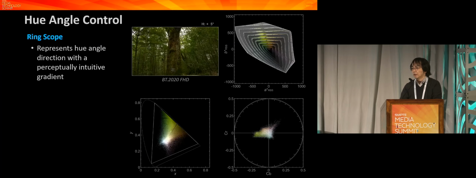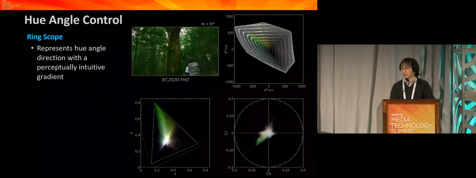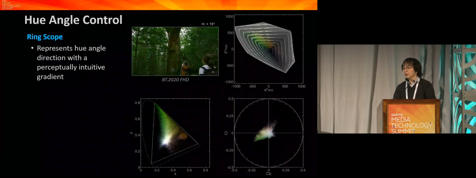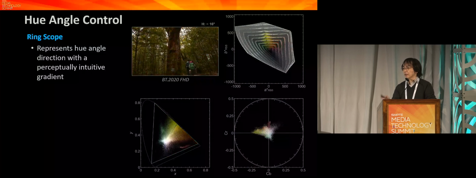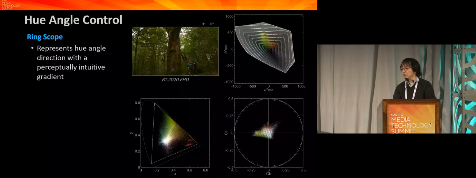Now I control the hue angle. This video clip shows the woods and green leaves changing in hue. And in the ring scope, we can see the hue rotation with gradations.